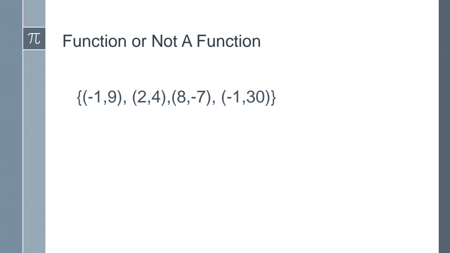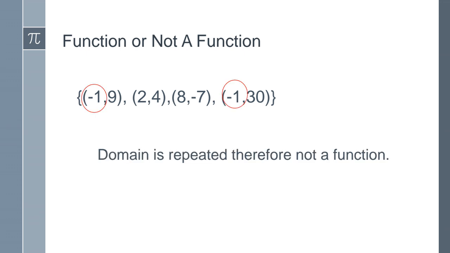Let me give you guys a couple of seconds here to look at this and see if you can use my shortcut way to discover if this is a function or not. Okay. And if we see here, we know that this is not a function, because using my shortcut way, what do we notice? We notice that we have two x values of -1, one here and one there.